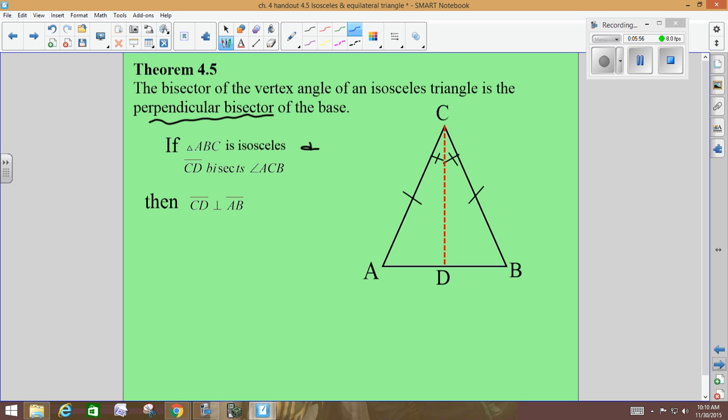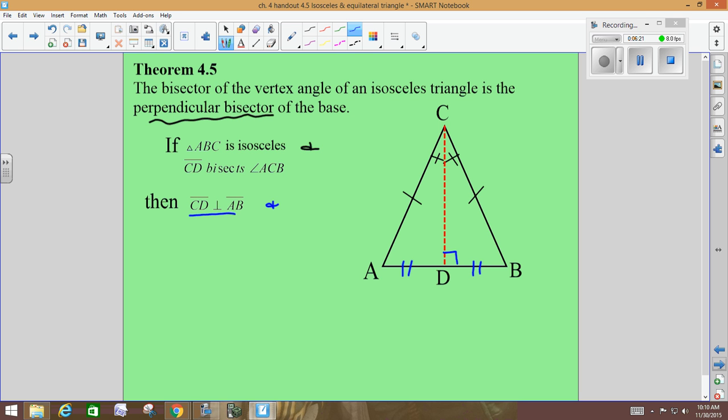They make a 90-degree angle. So since the vertex angle is being bisected, I know that the bisector is perpendicular to the base. What does it mean to bisect? Cut it into half. So since the vertex angle is being bisected, the base is being bisected. So if I bisect the base, what do I know down here then?